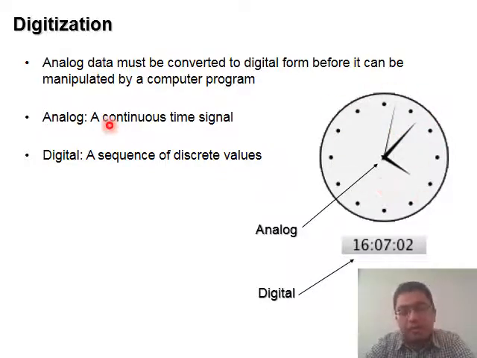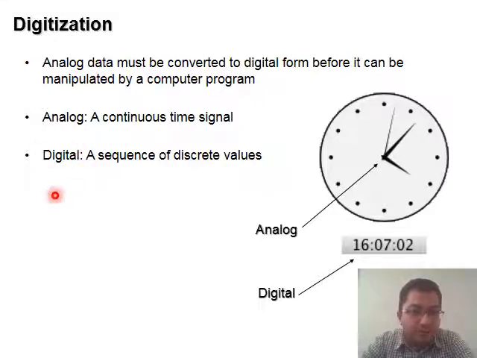The main difference between analog and digital is that in an analog signal, at any time point, if you go and find the value of that signal, you will find a value. No matter what time point you choose, there is some value. That value could be anything, 0, 1, 100, whatever, but there is a value at any time point.